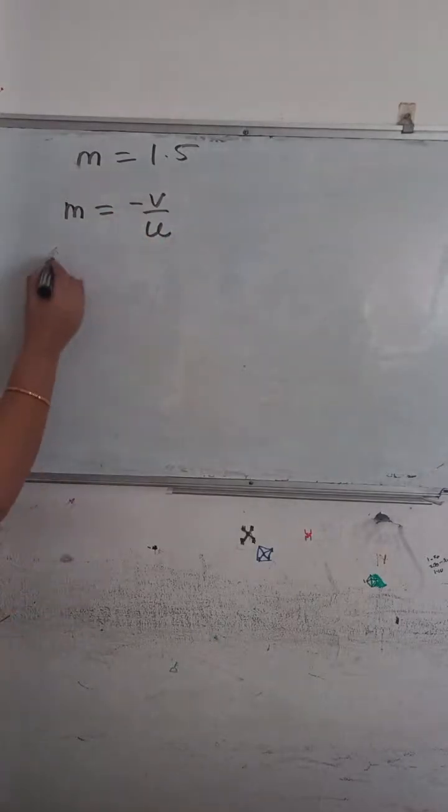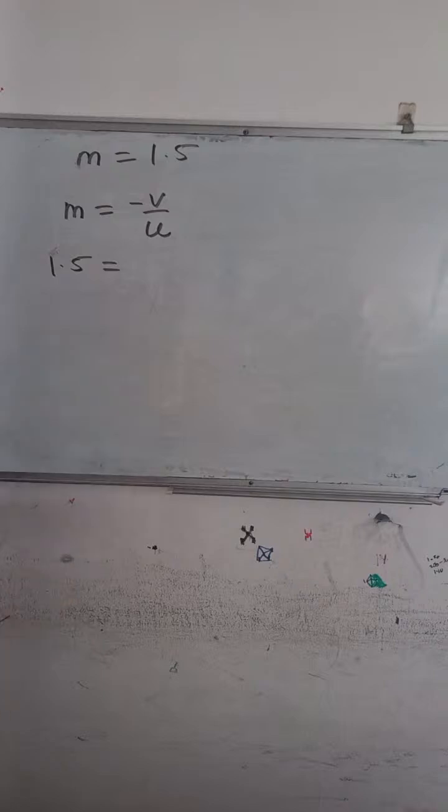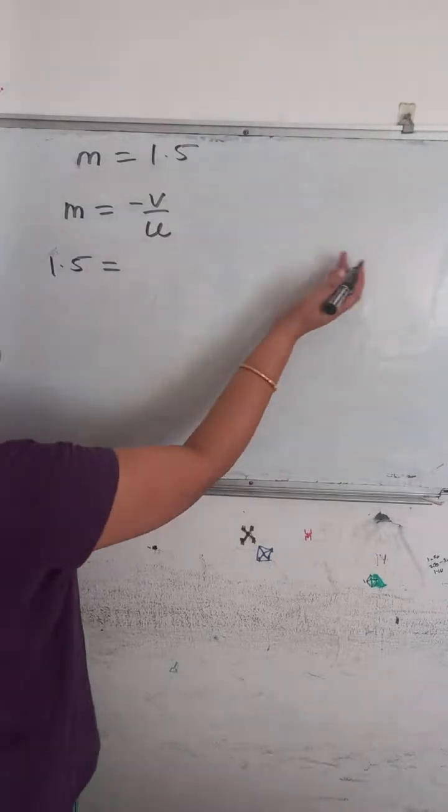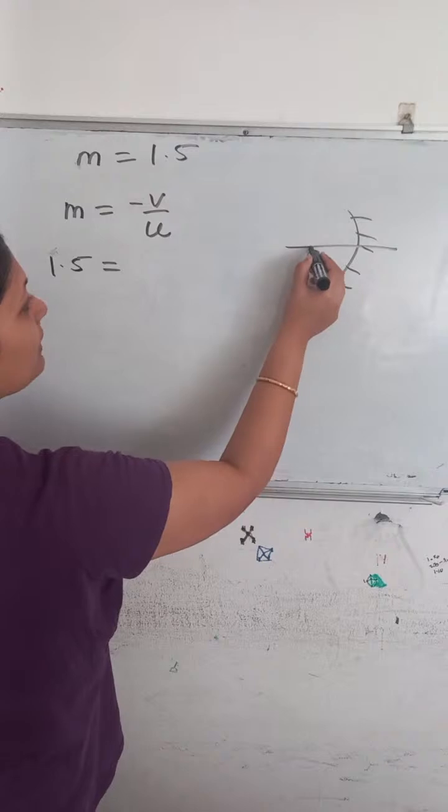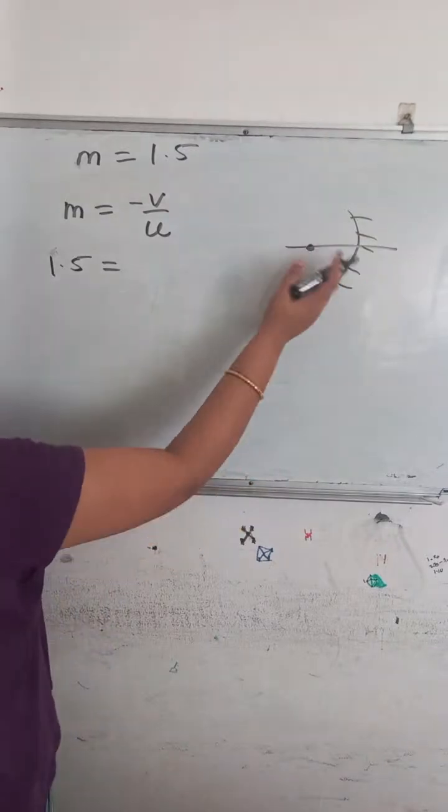So this is 1.5, V is not given, but U is given. The man's face is 25 centimeter in front of the concave mirror. So the concave mirror, we are keeping to this side. So this is the concave mirror and the object is in front of the mirror.